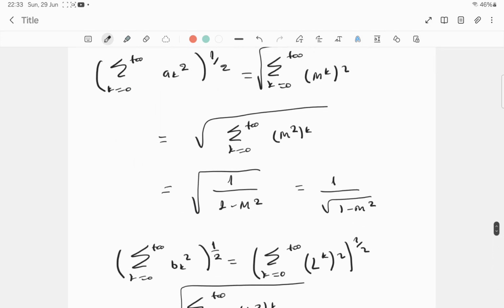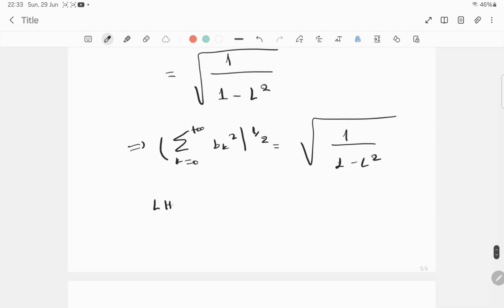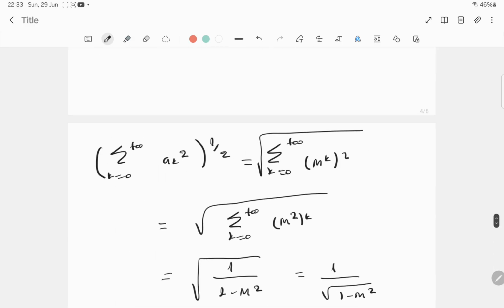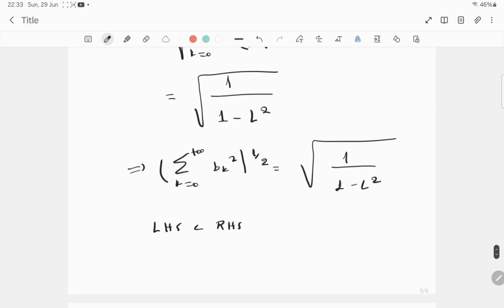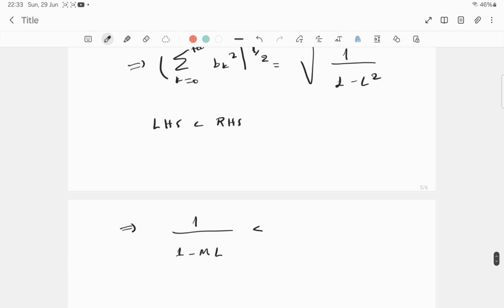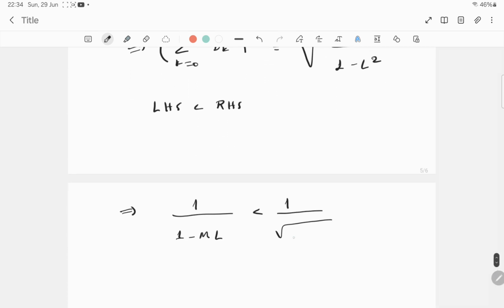Now let's combine all the quantities that we have computed explicitly. So the left hand side is less than the right hand side. And from here we have 1 over 1 minus ml less than 1 over square root of 1 minus m squared times 1 over square root of 1 minus l squared.